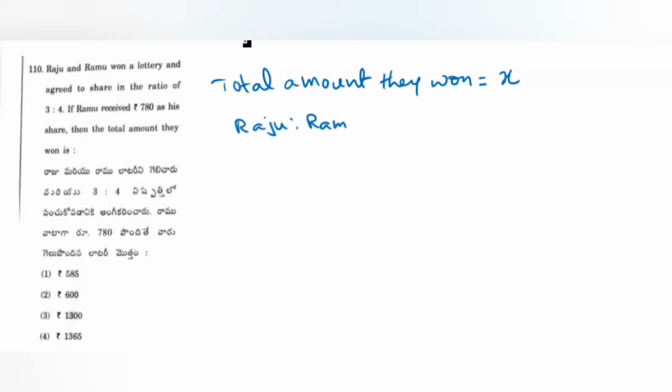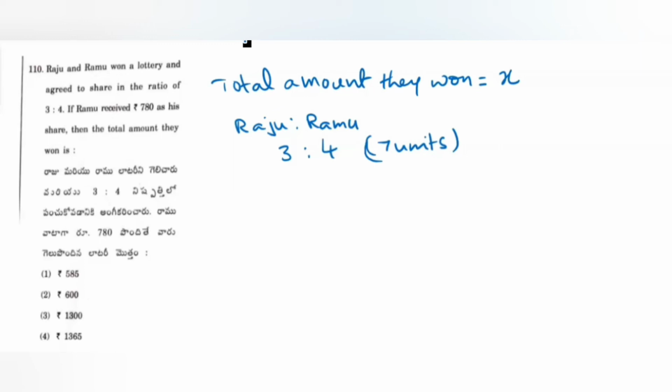The order is also very important in ratios. So Raju you should think of as 3 and Ramu you should think of as 4. So 3 plus 4, total units are 7 units. Means the total amount they won is made into 7 parts, and in those 7 parts, 3 parts are taken by Raju and 4 parts are taken by Ramu.